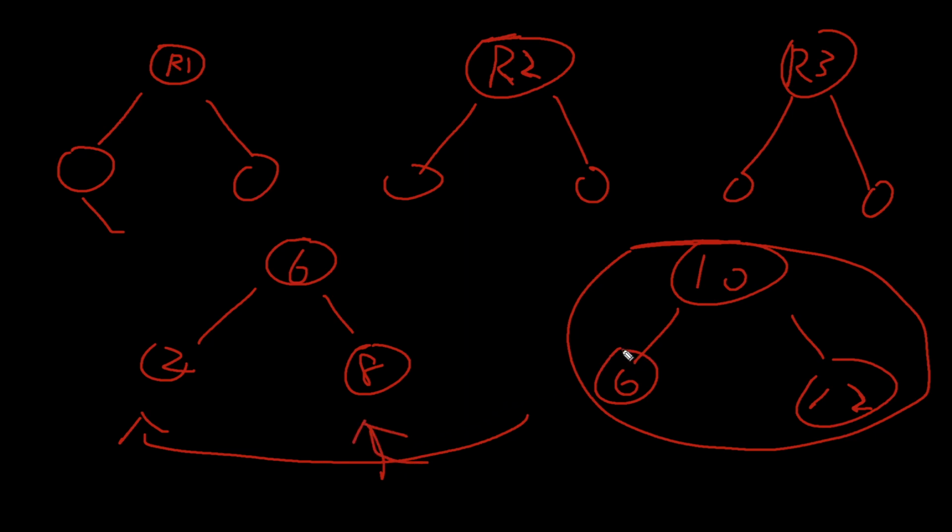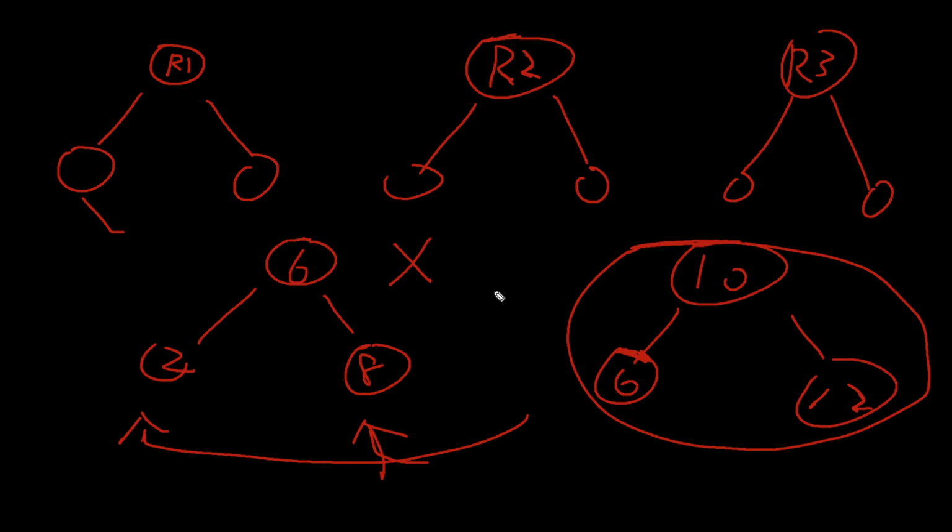But since we have the same value here, this will definitely not be a BST, because in a BST any node on the left side should be strictly smaller than 6, and any node on the right side should be strictly greater than 6. Since this subtree will eventually be merged somewhere down below, but we already have a node which is the same as the root, this is definitely not going to be a valid BST, right?